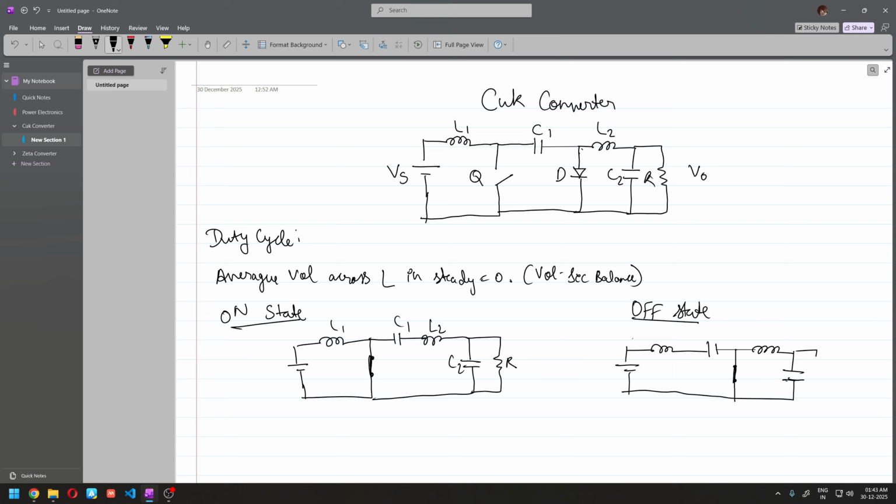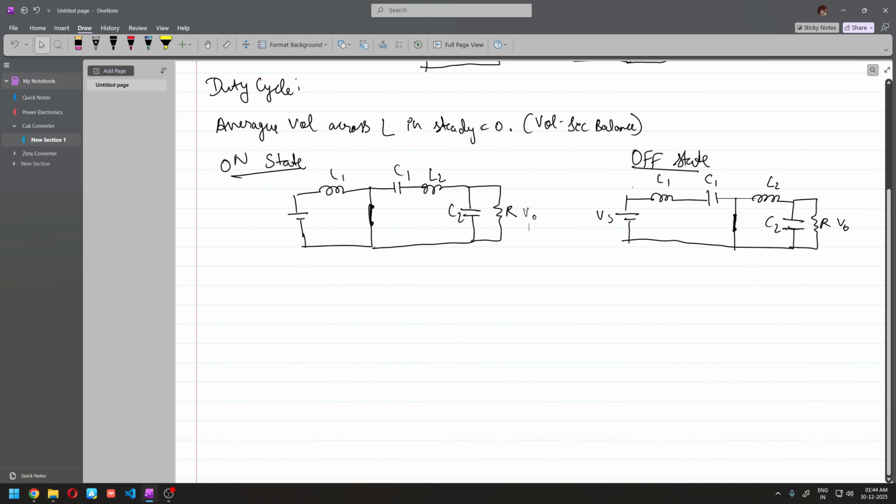We have a capacitor, and we have our output here. Writing all the notations again is nice so that you don't have any confusion later. So, V naught. Now we have our two equivalent circuits, and now we'll derive the equations.